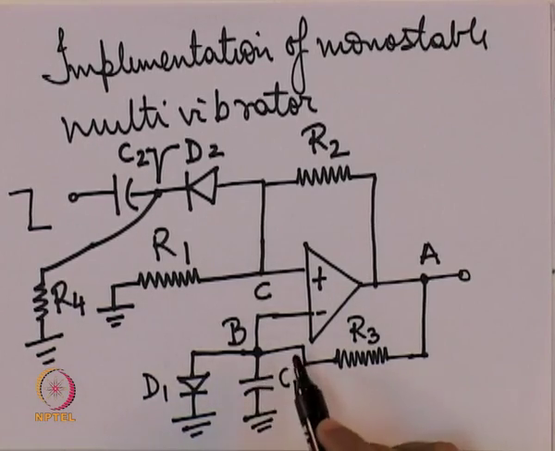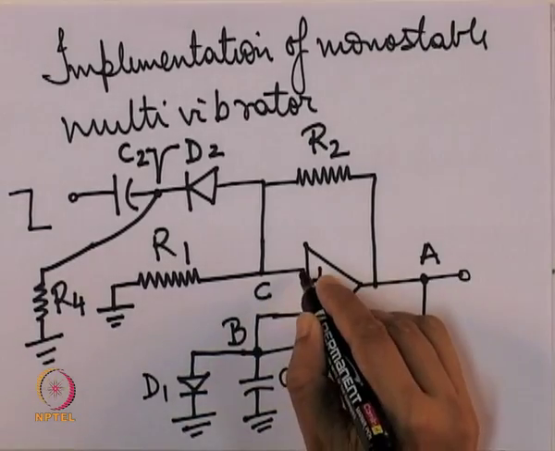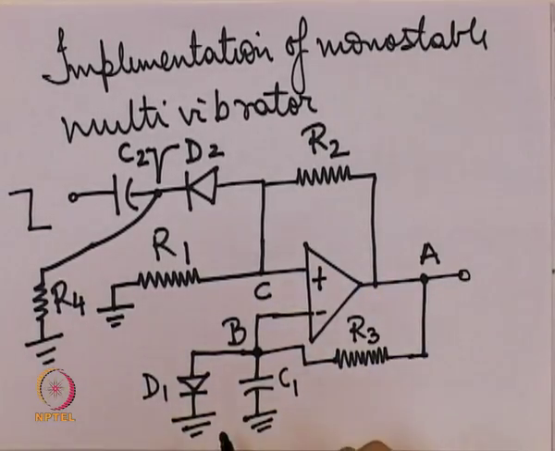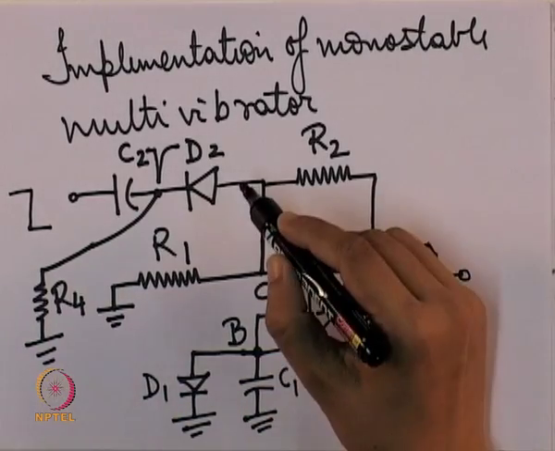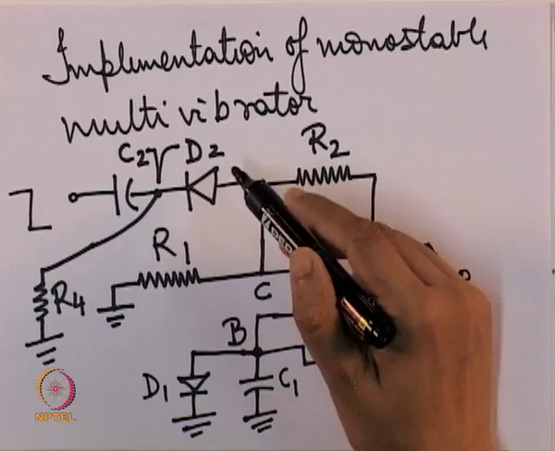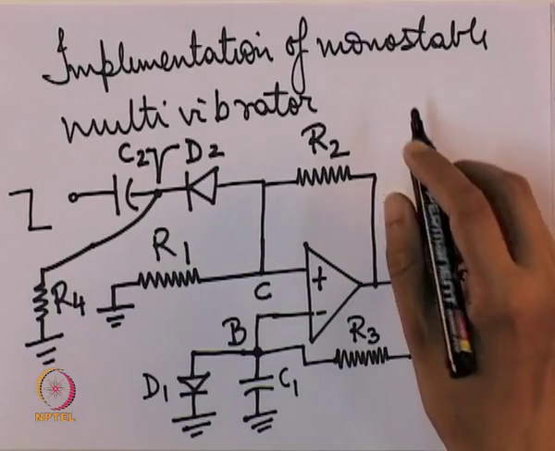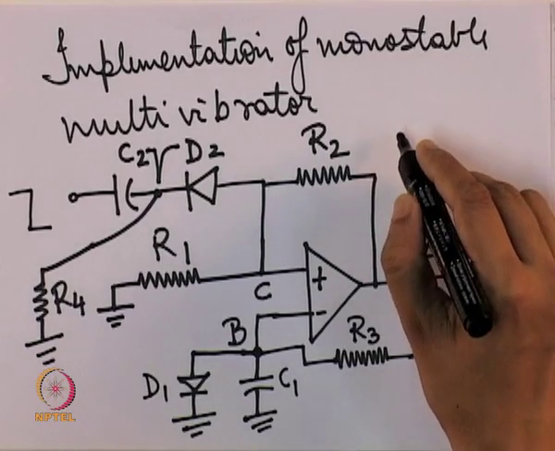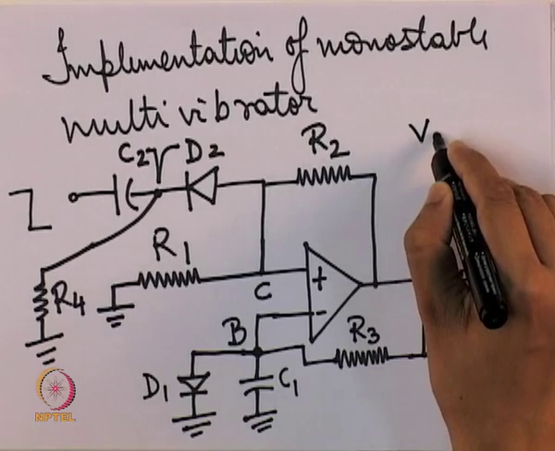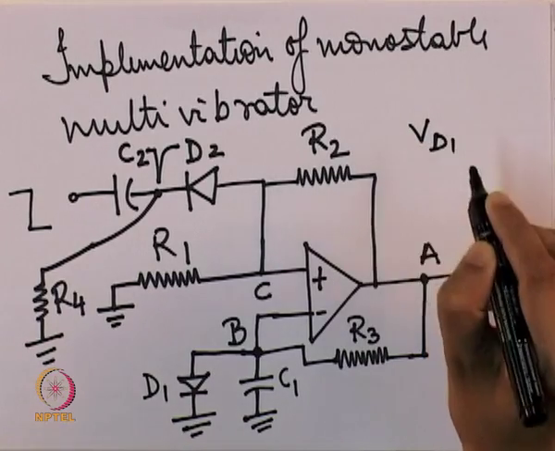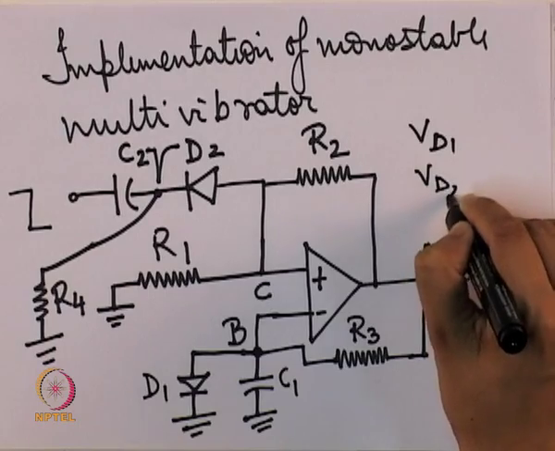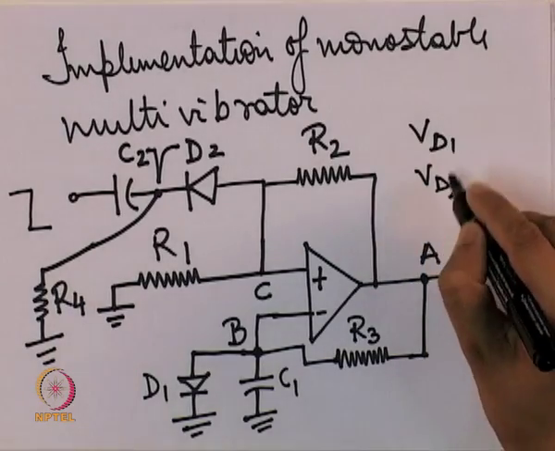So, this is the construction of the monostable multivibrator. There are two diodes, D1 and D2. The voltage drop across each diode is VD1 and VD2. These are the diode drops.